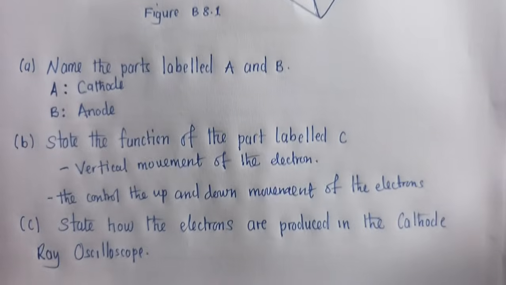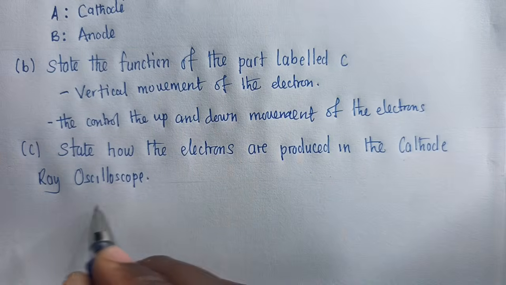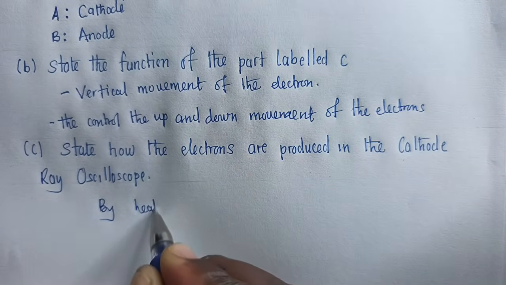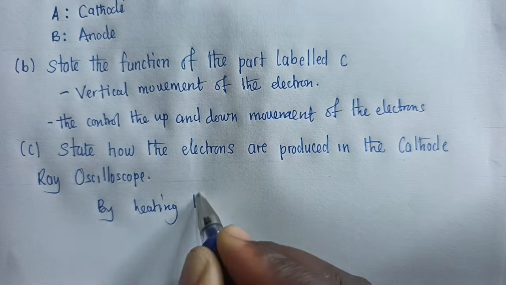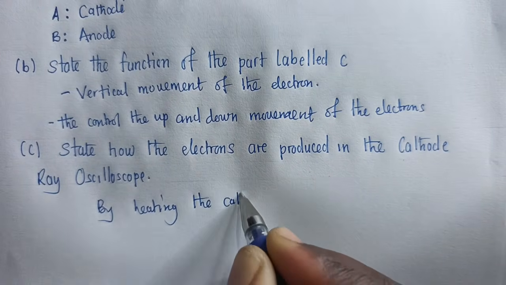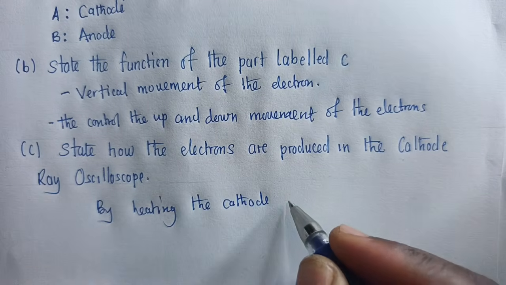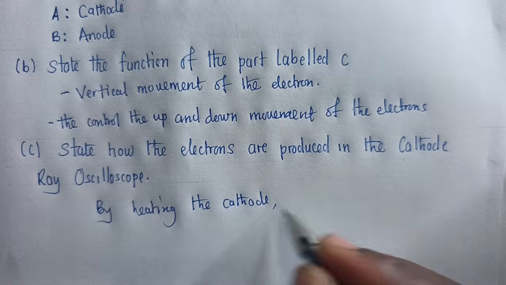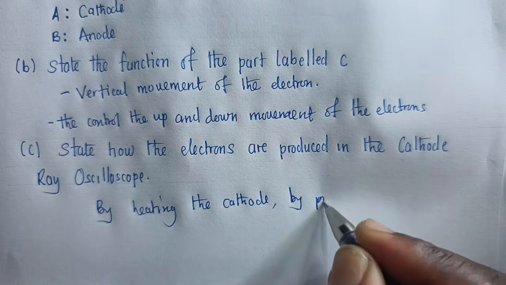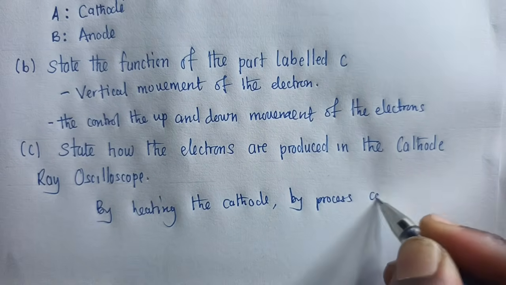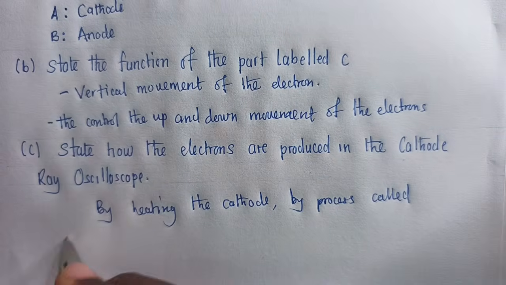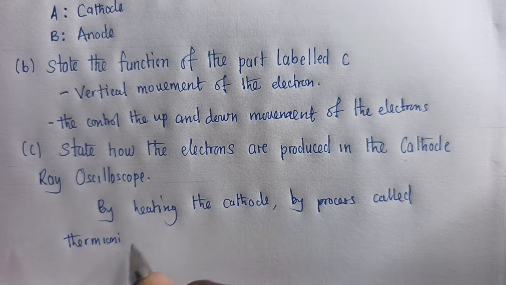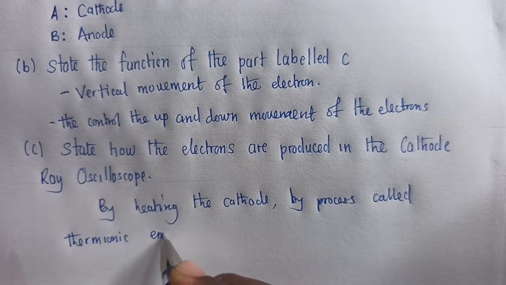So here we can say electrons are produced by heating the cathode. The moment this cathode is heated, it will produce the electrons by the process called thermionic emission.